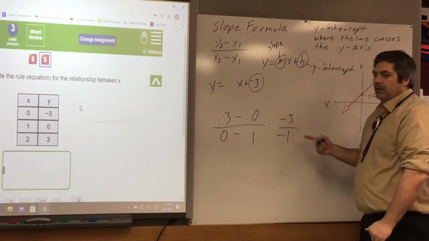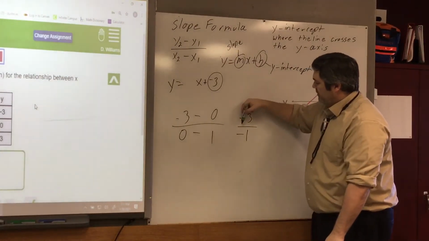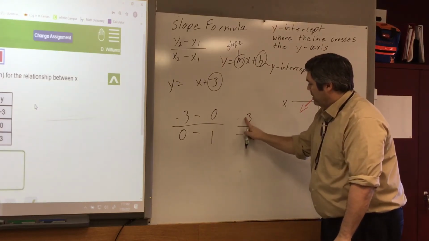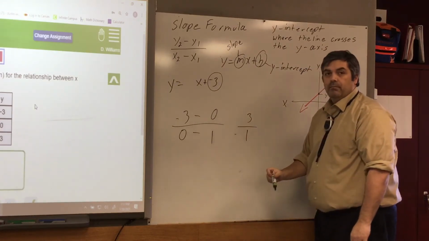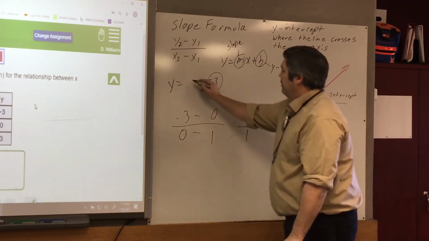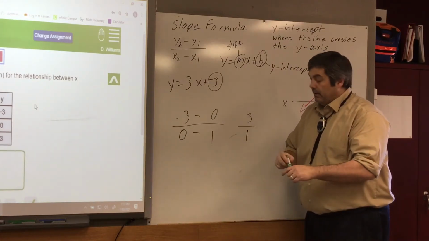Now look here, I like that they did this because now you get to see this: a negative divided by a negative gets me a positive. So I can eliminate both of those. I'm going to have a positive slope right there. So my slope is 3 over 1 or 3. Y equals 3x plus -3.